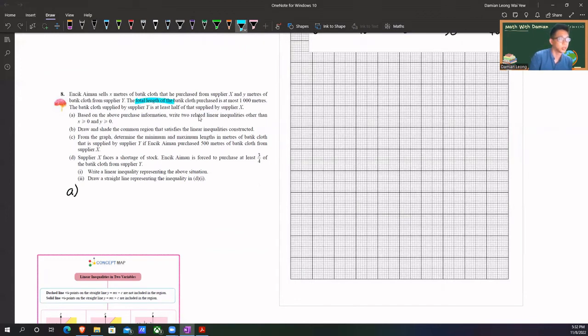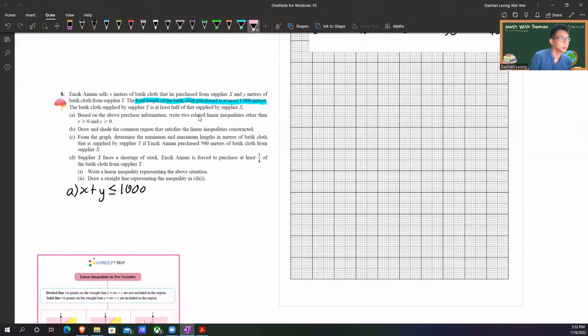So the first information is this: total length of batik cloth purchased at most 1,000 meters. So I have X meters, Y meters, which means X plus Y. At most means must be less than or equal to 1,000.